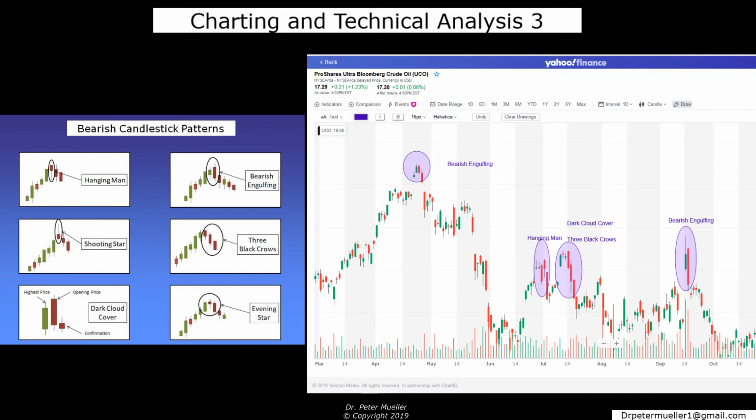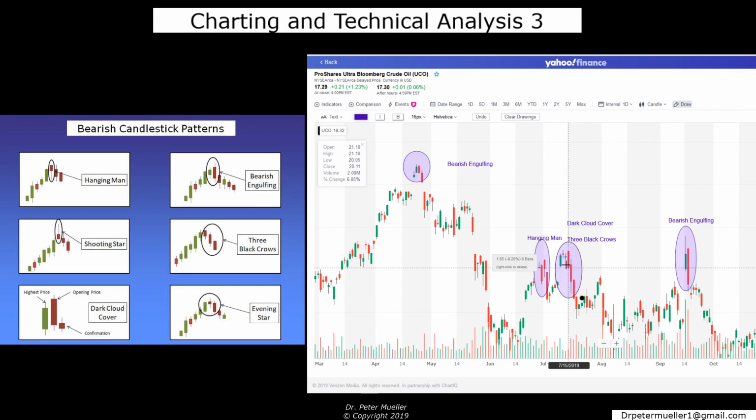And you can see here it is followed by a downtrend. Then on this side here you have a hanging man. You see here the red hammer, basically. The third candlestick then is followed by a downtrend.